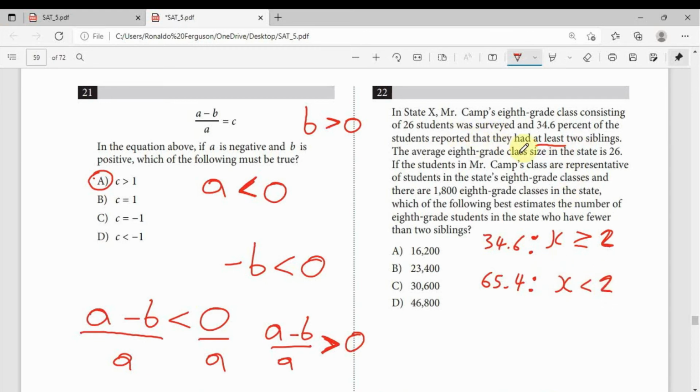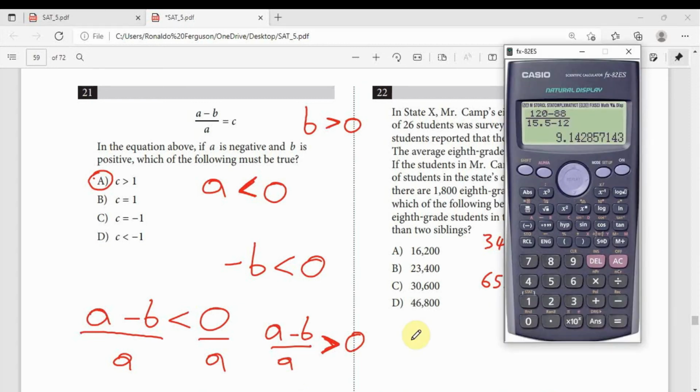They say the average 8th grade class is 26. And they said that there are 1,800 8th grade classes in the state. So guys, for the entire state, there are 1,800 8th grade classes. If each class is 26 and you have 1,800 classes, you can multiply them.